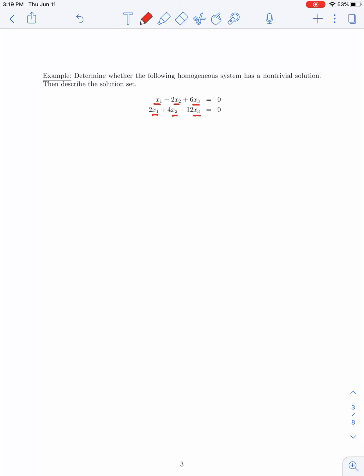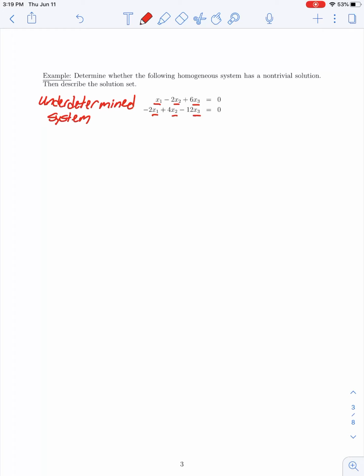When we have a system with fewer equations than variables, that sort of system is called an underdetermined system. And we recall that typically for underdetermined systems, we'll have infinitely many solutions. Not always, but in a lot of cases.